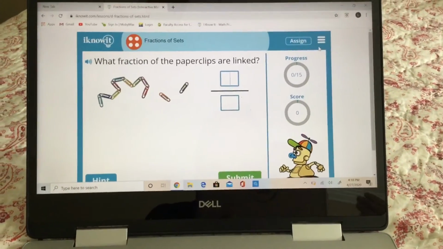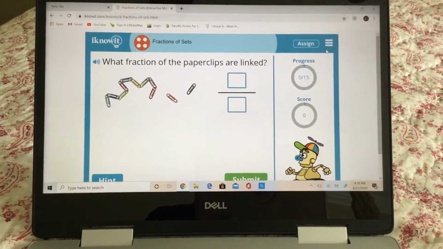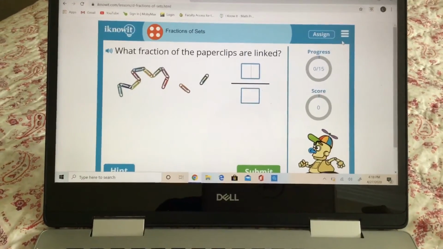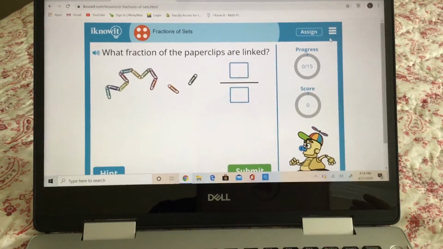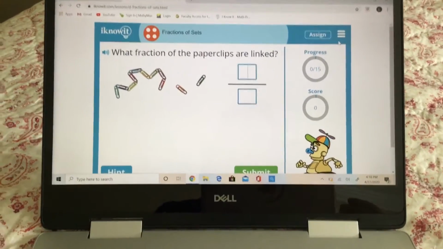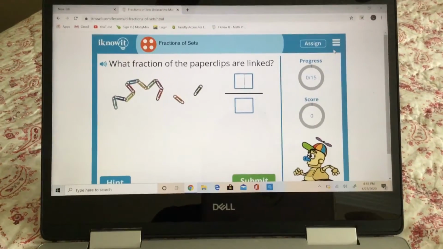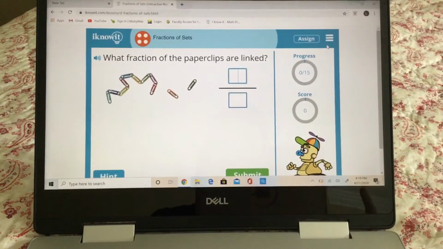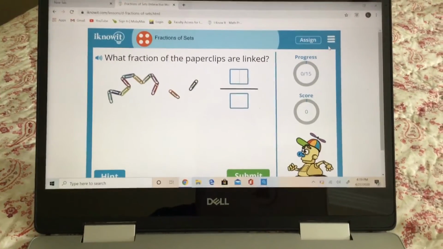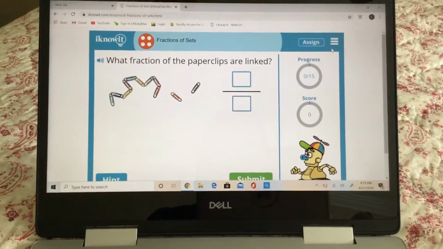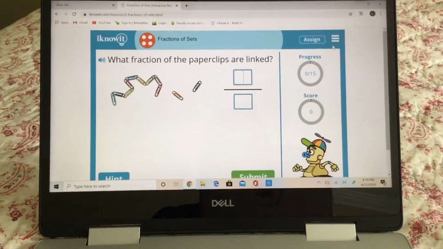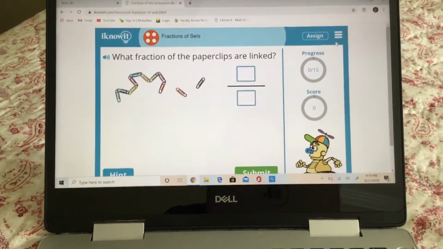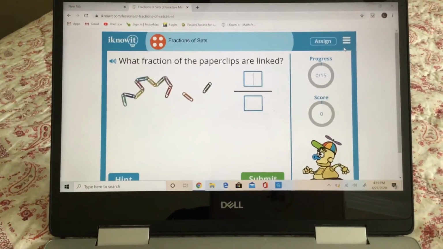Whether we're children or becoming older than children, or whether we're old adults like Mrs. Shelton, we always have to practice. No one is perfect. And so this is what I Know It is saying to us as well. We need a little more practice. Okay, yep, they're correct. And it just happens to be a computer program instead of Mrs. Shelton going around with her pen. So you get a little break from the pen, but it's still the computer.